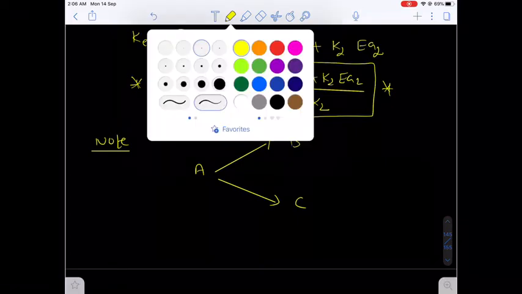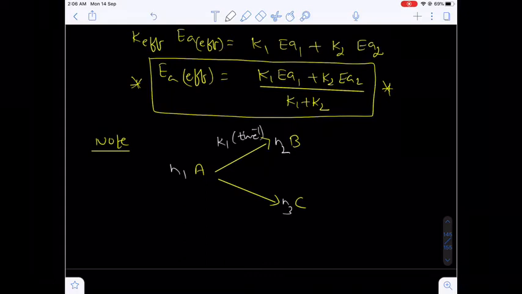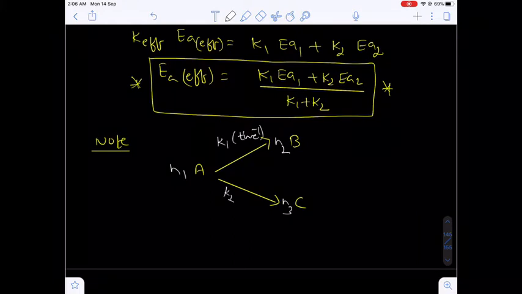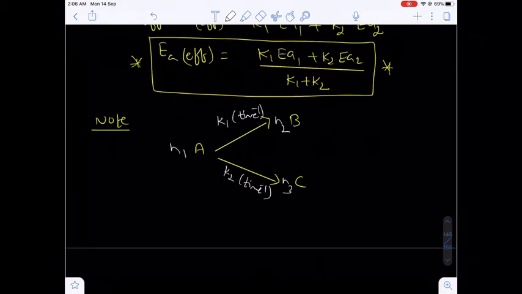Now let's suppose we use other stoichiometry: N1 moles of A, N2 moles of B, N3 moles of C. Here the first order rate constant K1 has units of time inverse, and the second path is also first order, with the rate constant again in units of time inverse. These are the important key points.